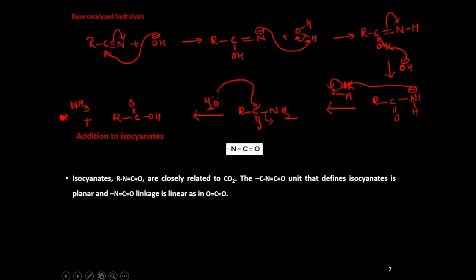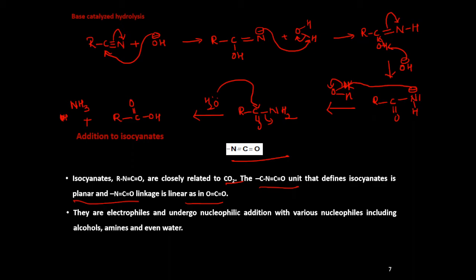So here addition of isocyanates. Next one, isocyanate, N=C=O. Here isocyanates are closely related to carbon dioxide. The N=C=O unit that defines isocyanate is planar, and the N=C=O linkage is linear as in carbon dioxide.